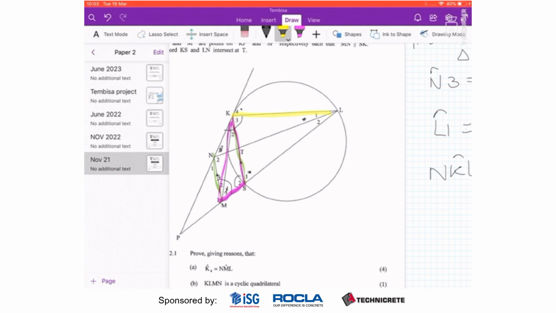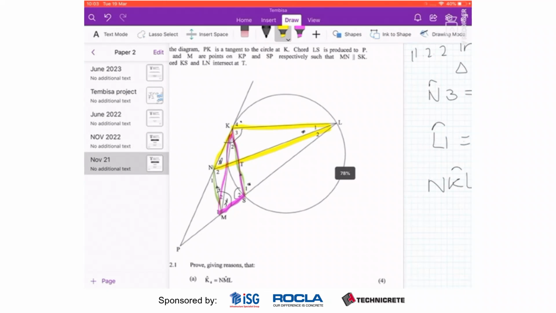Let's highlight them again and see if we can find an actual reason. But more often than not, you can just say sum of angles of a triangle. Okay, because if the first two are equal, we can say the last ones are equal.